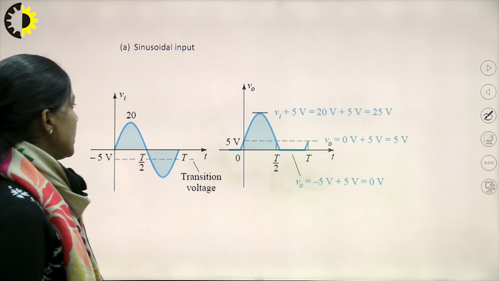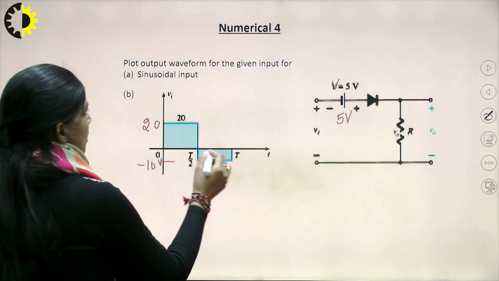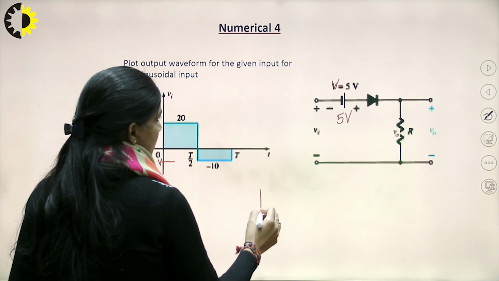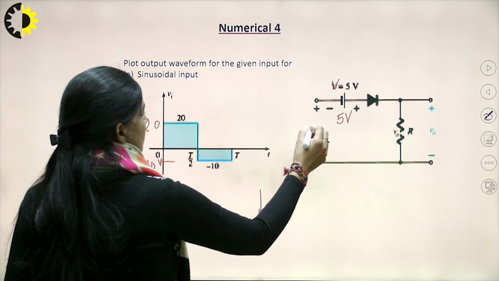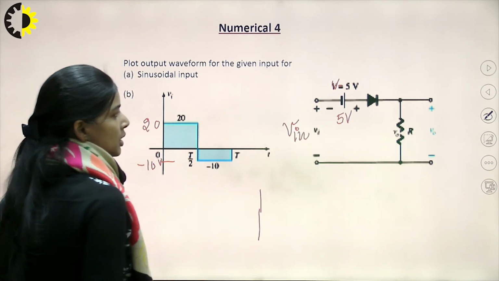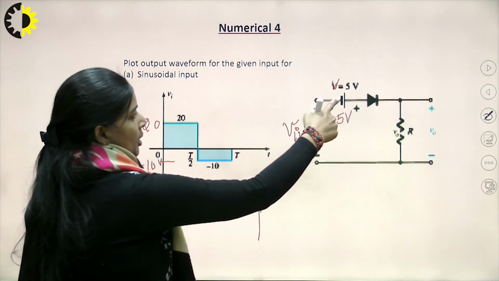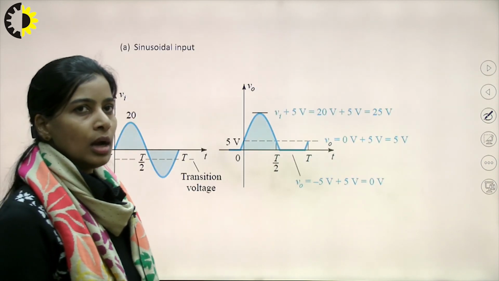For the sinusoidal input, what will happen here? If we have a sinusoidal input, for the positive cycle we have V in plus 5 volts that will appear across the output.